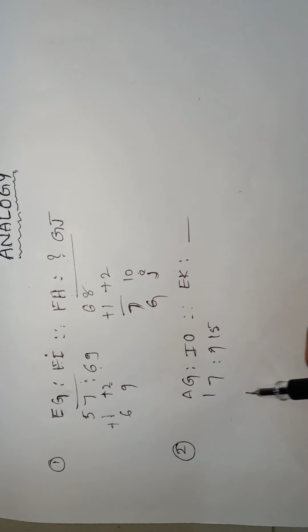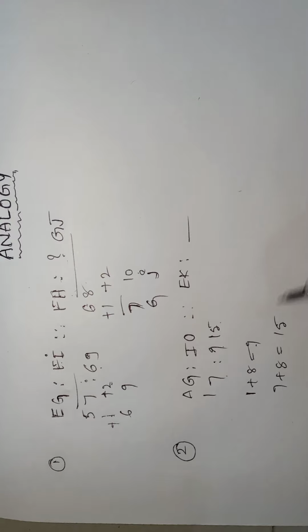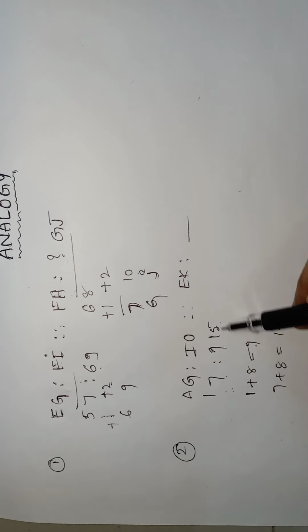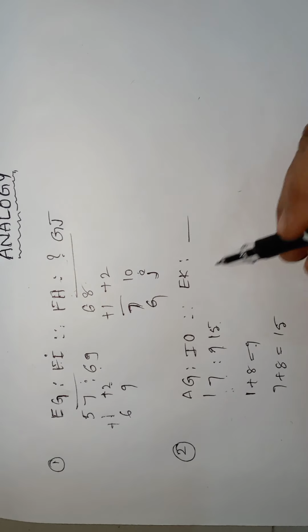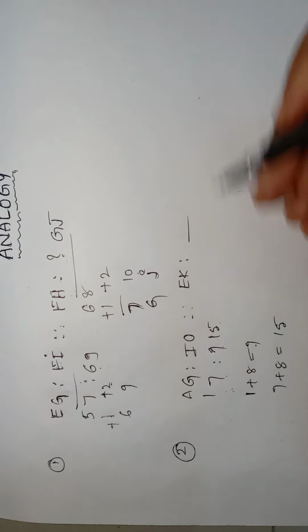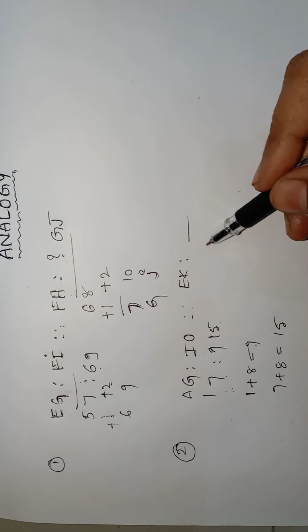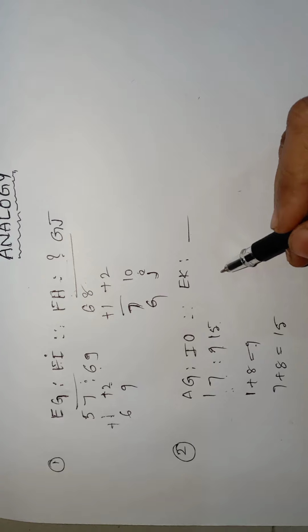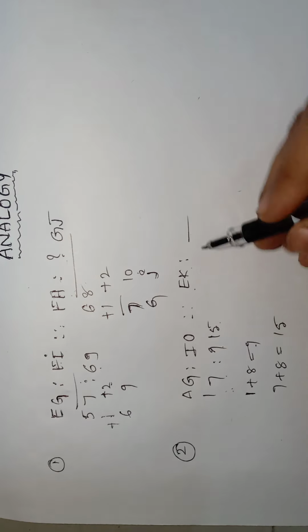Now 1 plus 8 is 9, and 7 plus 8 is 15. So we have to add 8 to both these numbers. The same relation we have to use here also. That means we have to add 8 to these numbers.